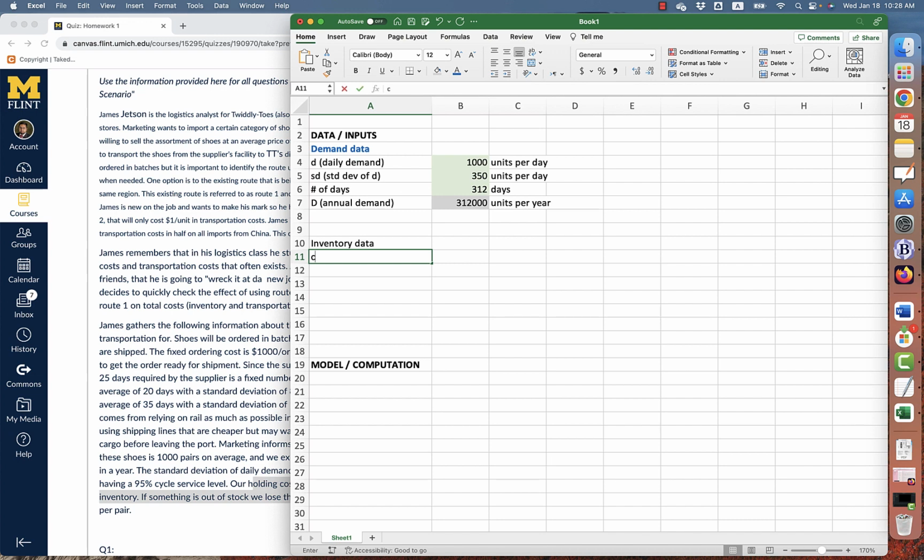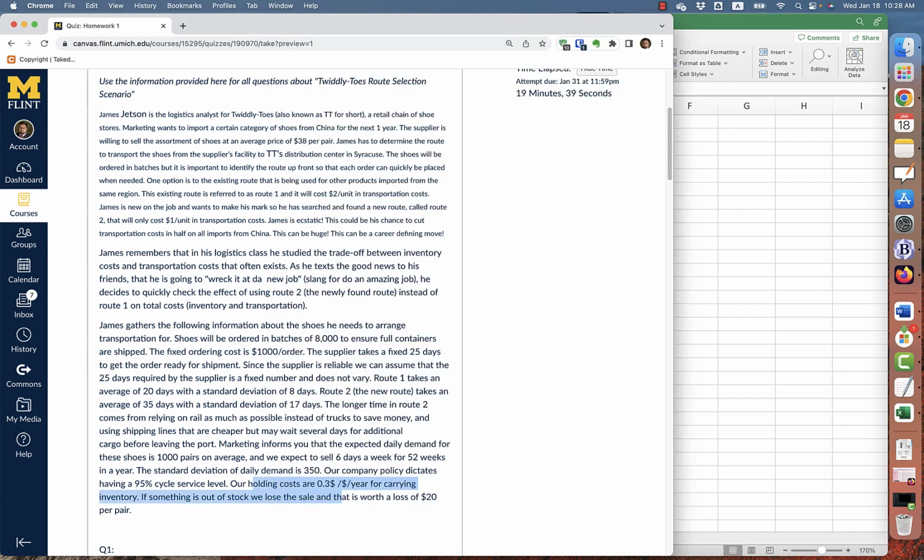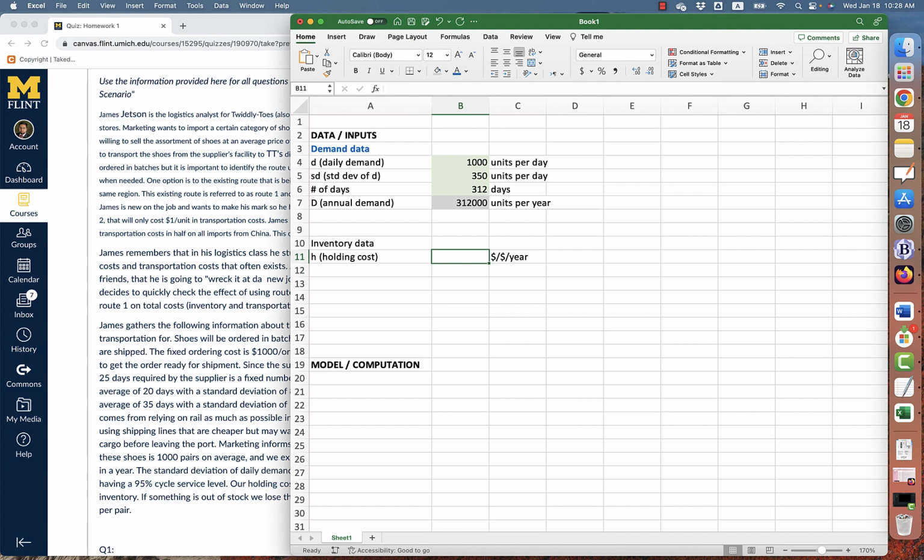And here we have cycle service level, but let's put holding cost first. We're going to put H for holding cost, that'll be dollars per dollar per year, okay? And that is $0.3.